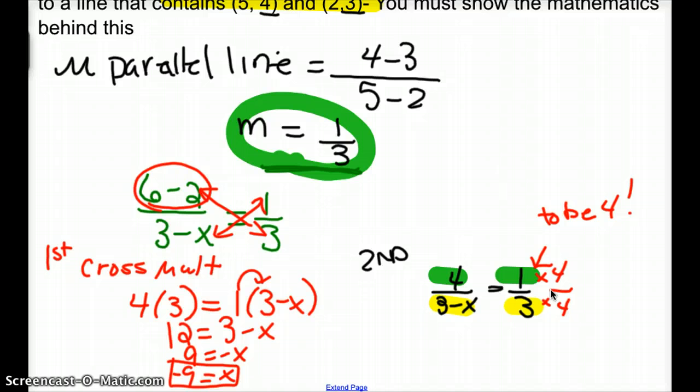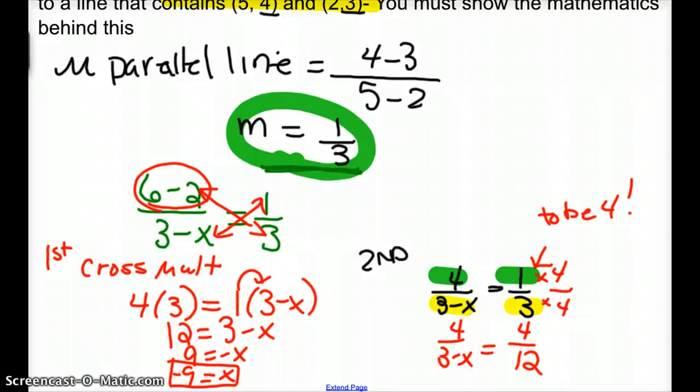So I have now 4/12. Isn't 4/12 1/3? And that equals 4 over 3 minus x. Now since the tops are the same, the bottoms need to be the same.